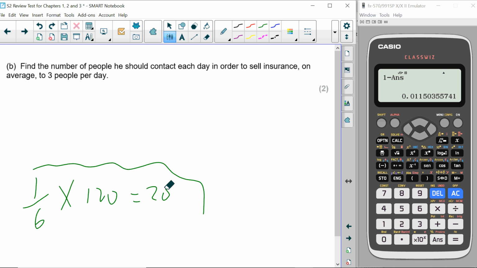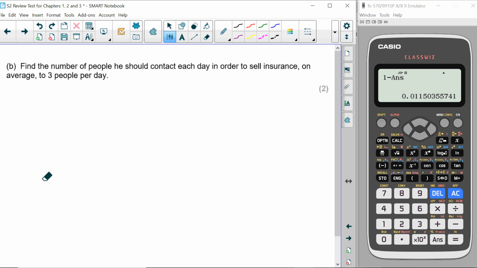I'd expect 20 fives because that's the expected frequency. If the probability were a quarter, say I was spinning a spinner 120 times, I'd be expecting something to happen 30 times. We're doing the exact same thing here.